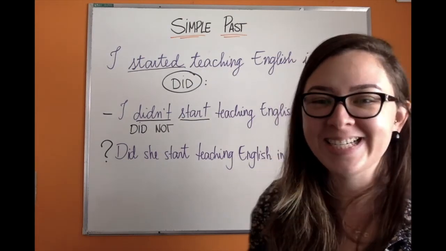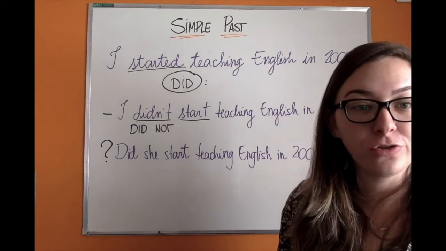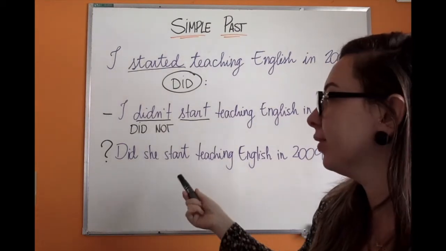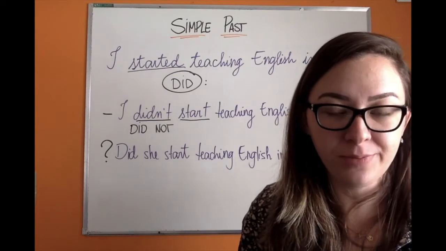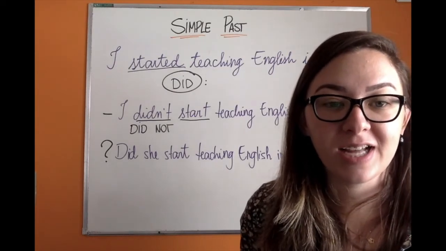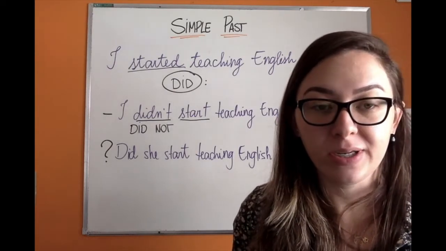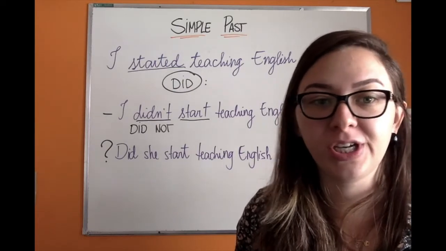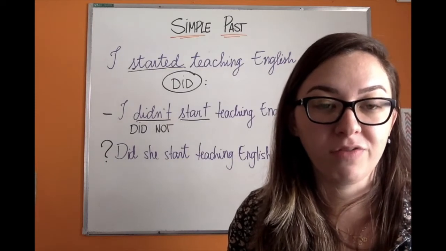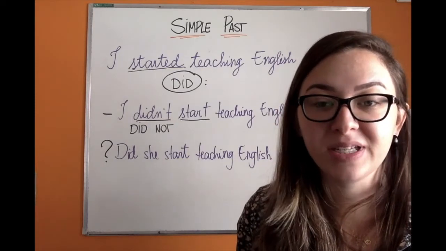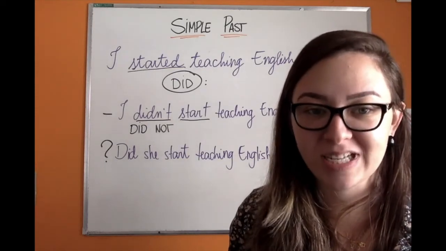All right? So let's go to the question now. I decided to change the subject of the question so that you can see that it's not important if you have I, you, he, she, it, we, you, they. The auxiliary verb is the same for all the persons because now it's not the present simple anymore.